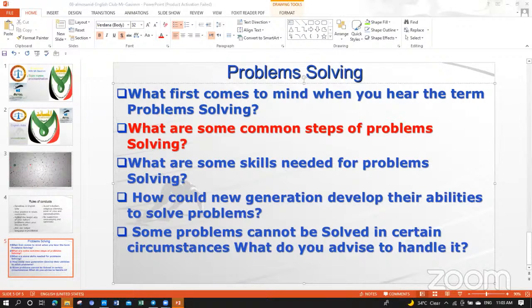Now I will go to Khalil. Khalil, what do you think? Okay, about the steps of problem solving. Actually, the most important step is to identify or define the problem. Here is all the issue, to define the problem. Sometimes we deal with the problem, sometimes we deal with the symptoms of the problem. So the most important thing here is to define the problem clearly. What exactly is your problem?